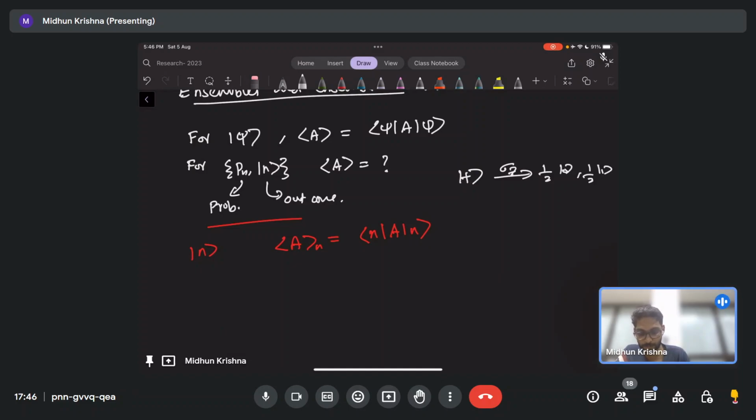So if my state was a proper pure quantum state n, the expectation value of an observable is computed this way.